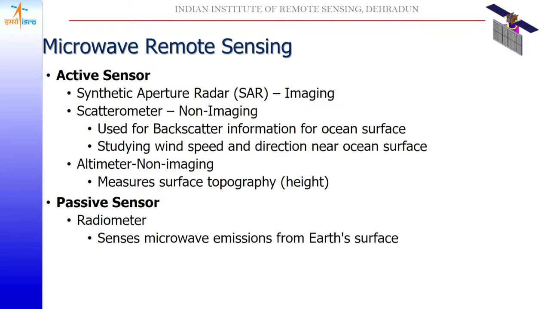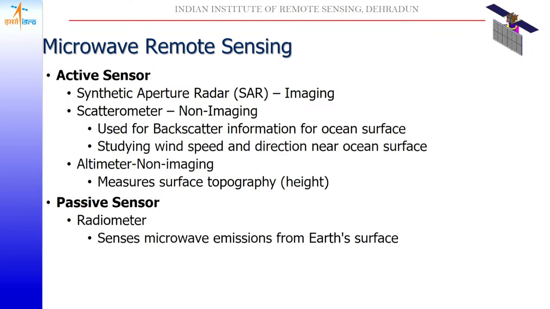In microwave remote sensing we have two types of sensor: the active sensor and the passive sensor. In the active sensor we have the SAR, which is imaging, and the scatterometer, which is non-imaging and uses backscatter information from the ocean surface to study wind speed and direction near the ocean surface.